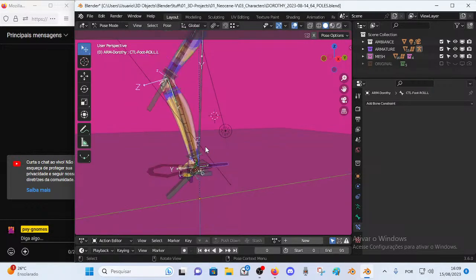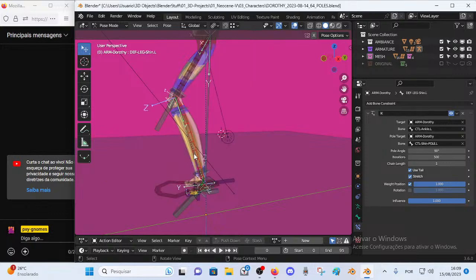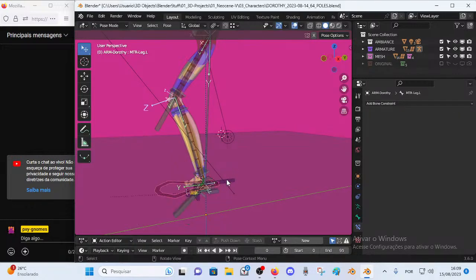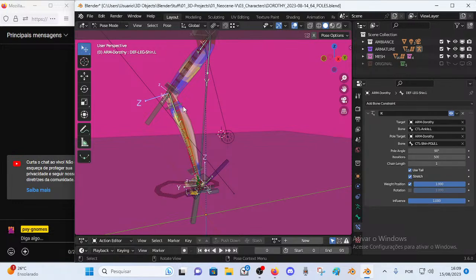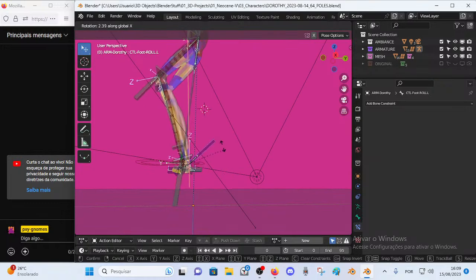Since it's made from a chain length of 2, this means that, because it's inverse kinematics, right? That is what it's supposed to do. This bone will affect that one inversely, even though the FK chain is like that, right? But the IK chain is like that. So, because of chain length of 2, this bone roll can leverage.